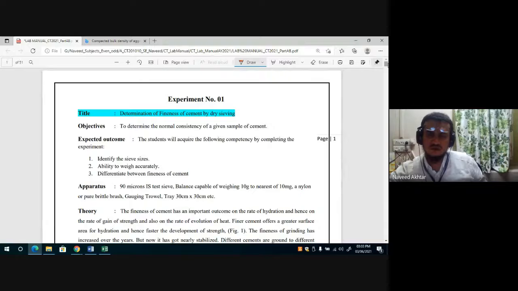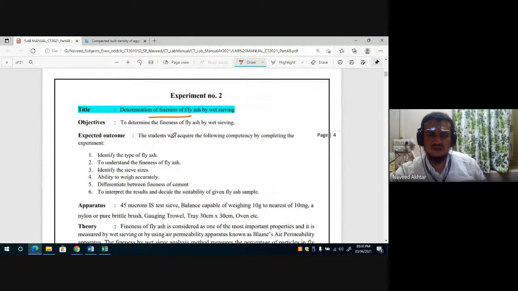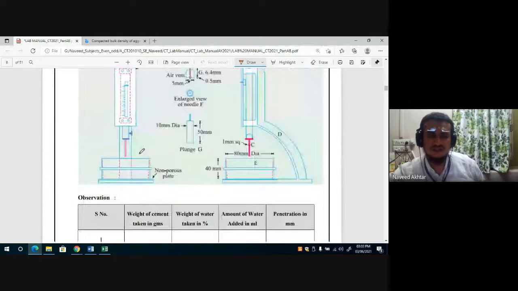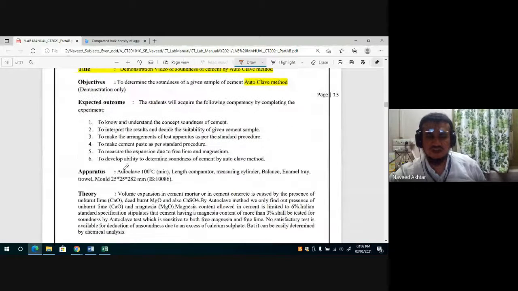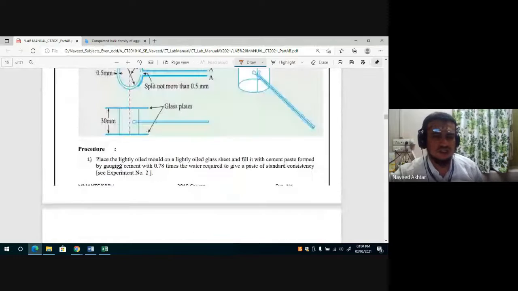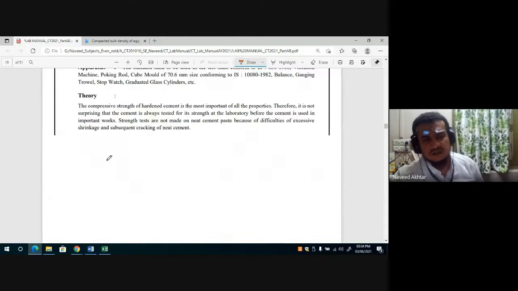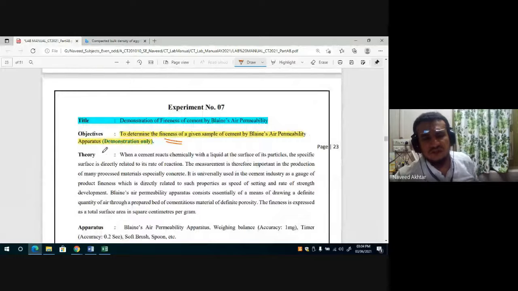So from the manual, from experiment number one, the fineness of cement by dry sieving, then fineness of fly ash by wet sieving, then we found the standard consistency of cement paste, then the setting times of cement paste, initial setting time and final setting time, then the determination of soundness of cement by calorimeter, only a demonstration of this experiment we have done, then determination of compressive strength of cement by preparing a cube with the standard cement mold of size 70.6 by 70.6 by 70.6.